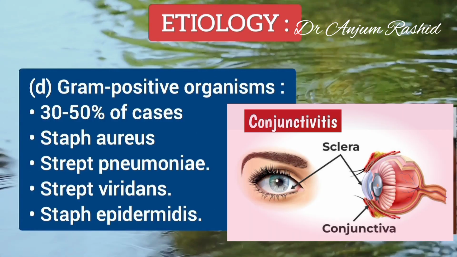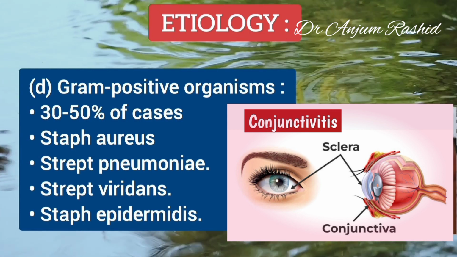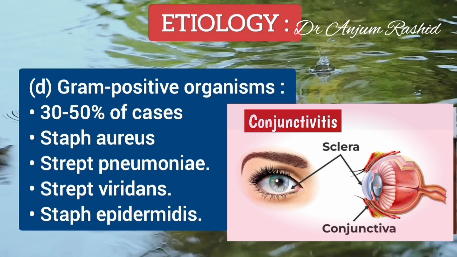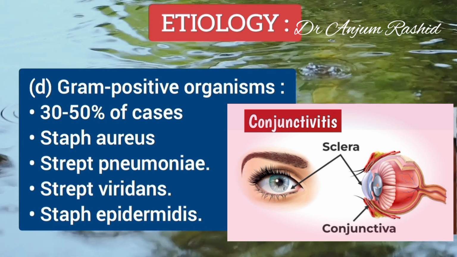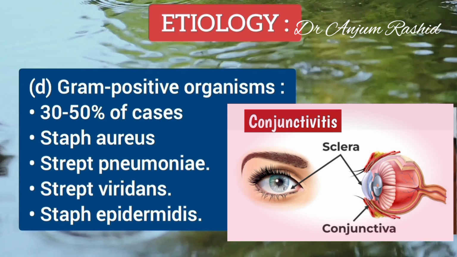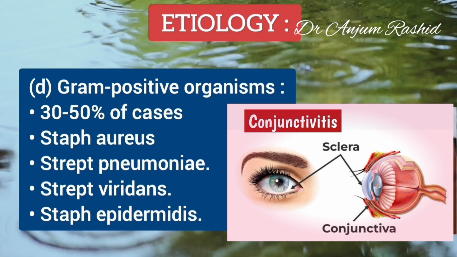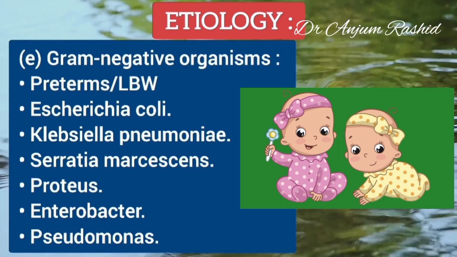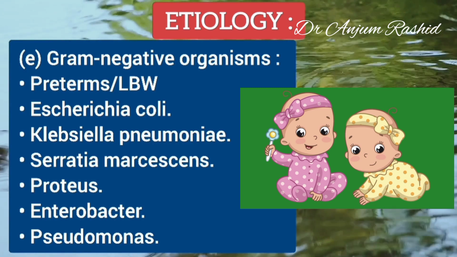Now, common gram-positive organisms which are responsible for causing neonatal conjunctivitis include Staphylococcus aureus, Streptococcus pneumoniae, Streptococcus viridans, and Staphylococcus epidermidis. And these gram-positive organisms account for about 30 to 50% of all cases of infectious neonatal conjunctivitis. Gram-negative organisms may also cause neonatal conjunctivitis, especially in preterm and low birth weight infants.